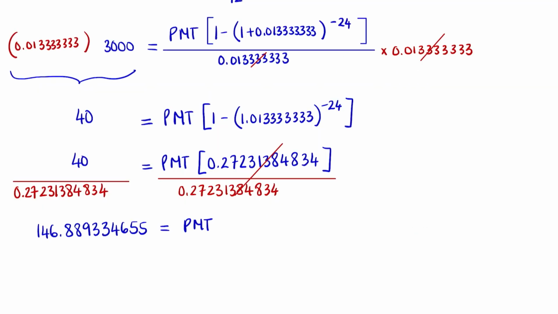My PMT is 146.889334655. The question does not give me any rounding instruction, but I'm working with dollars, so I'm going to round it to 2 decimal places. This digit is a 9, so I round up to 146.89.